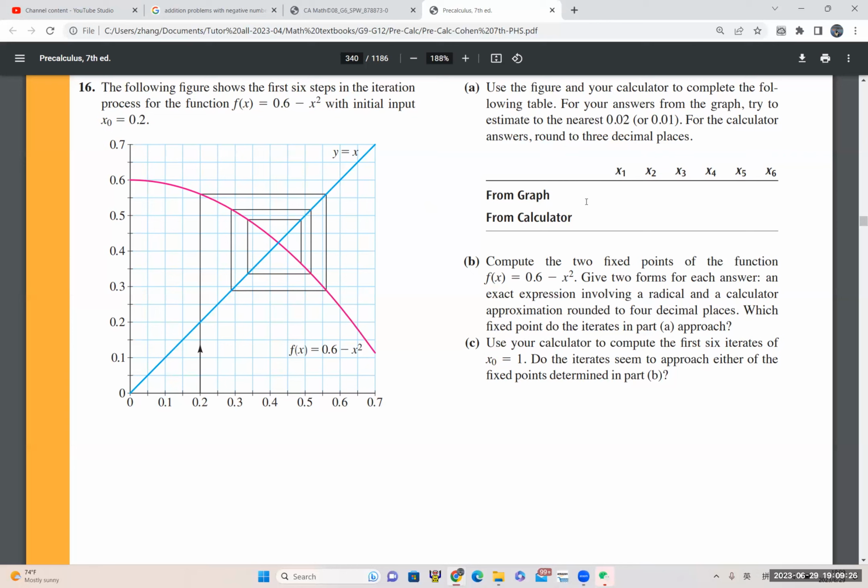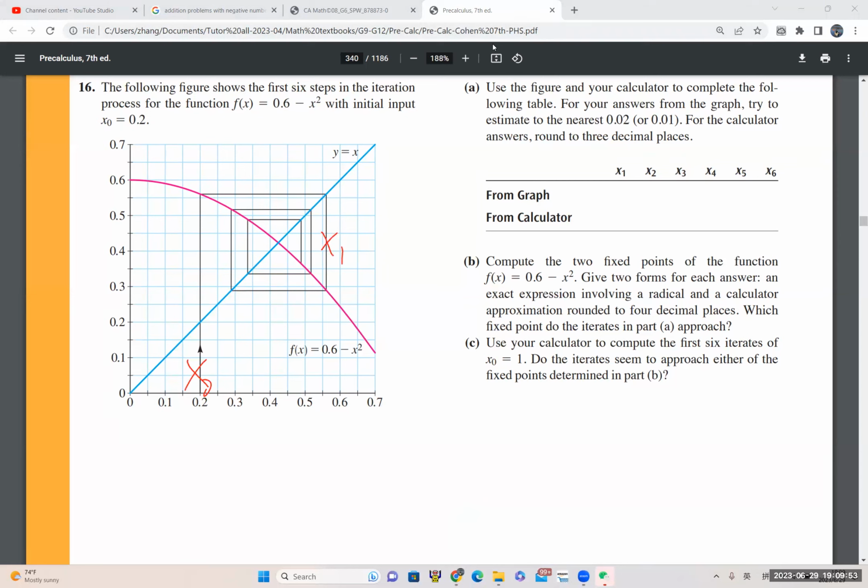What means x1? This is x0, this we call x0.